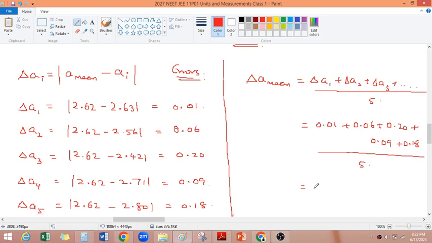So do the math quickly. Let me see what I am getting. 0.01 plus 0.06 plus 0.2 plus 0.09 plus 0.18, 0.54 divided by 5.